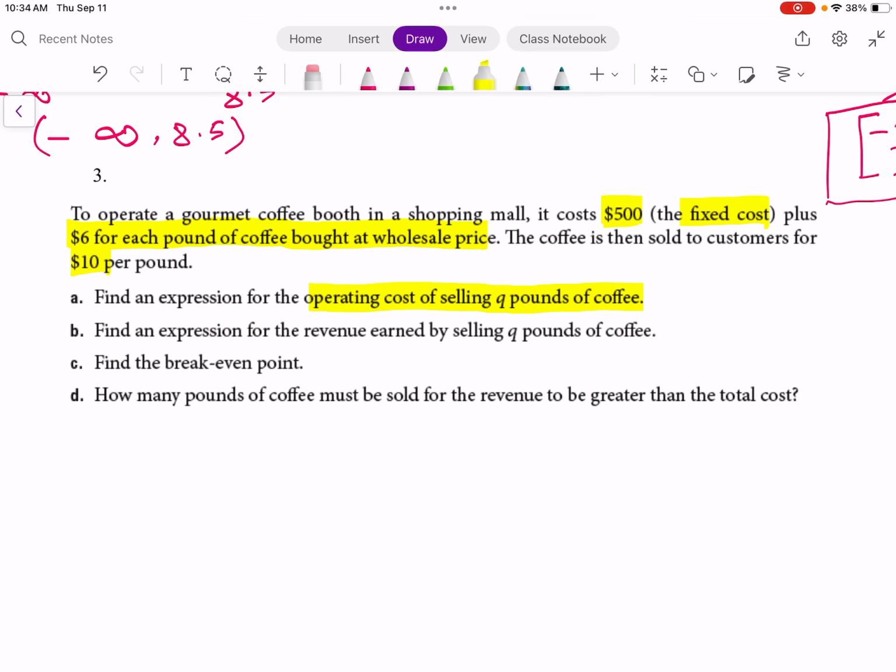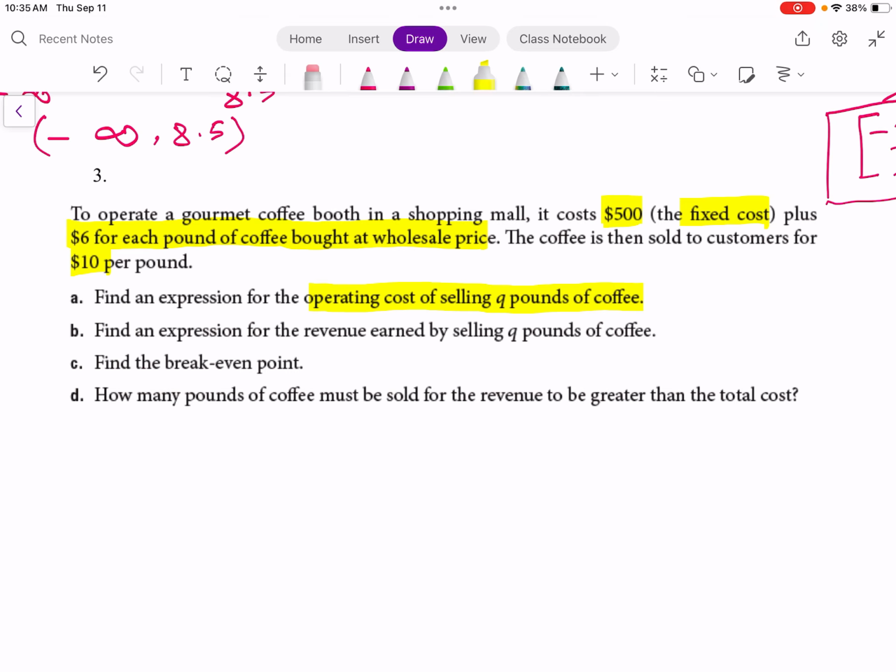So you invested $560, okay, and once you invest that, you sell your coffee for $10 per pound. So if it's $10 per pound, what will be the selling price for 10 pounds? $100, right?